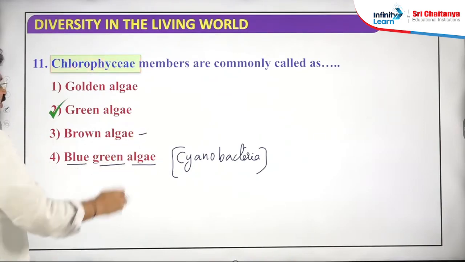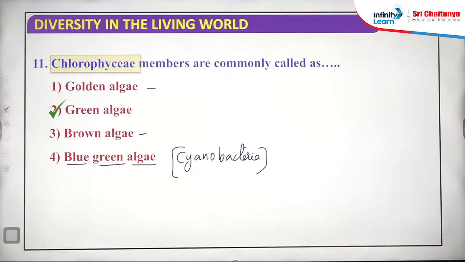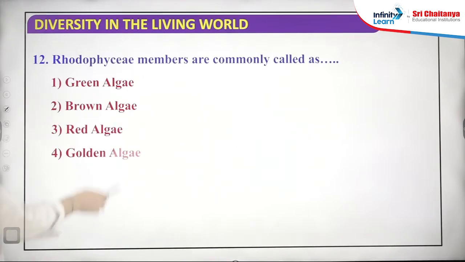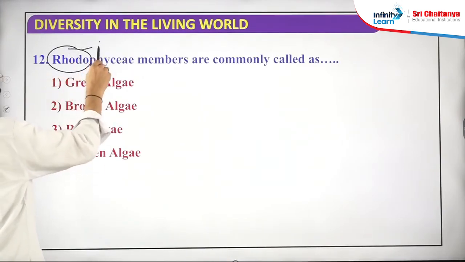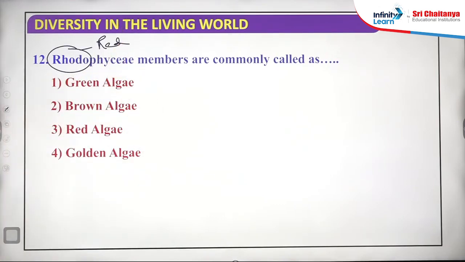Brown algae, Phaeophyceae. Golden algae, Bacillariophyceae. Green algae, Chlorophyceae. Actually, these two are out of syllabus. Next, Rhodophyceae members are commonly called Rhodo, red. So, red algae, third option.